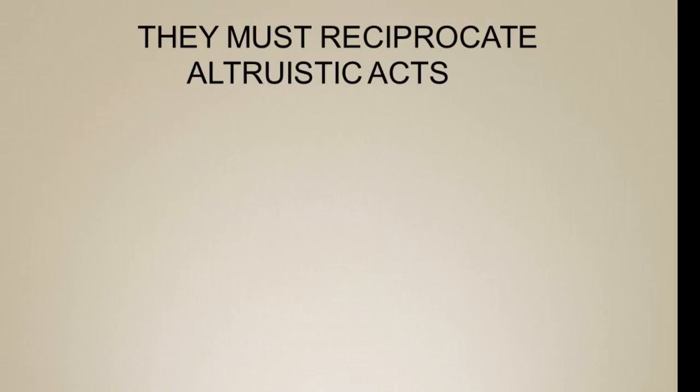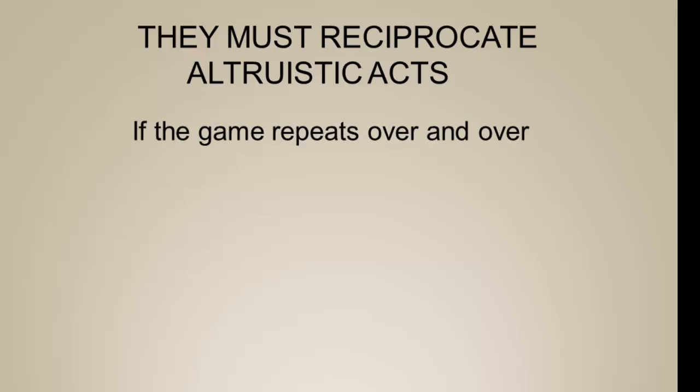And this means that they must effectively reciprocate altruistic acts between them. Now, if the game repeats over and over, and this is called an iterated prisoner's dilemma, then the interest of both of them is to cooperate. If they play just one hand, the interest of each player is to hold their card. But if they're going to play over and over and they're competing with other pairs, the interest of the players is to both play.